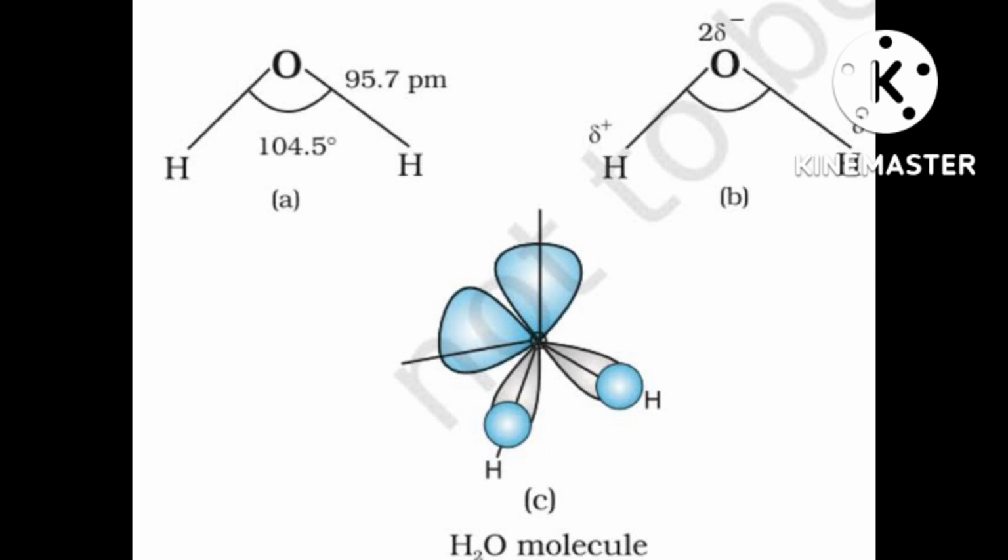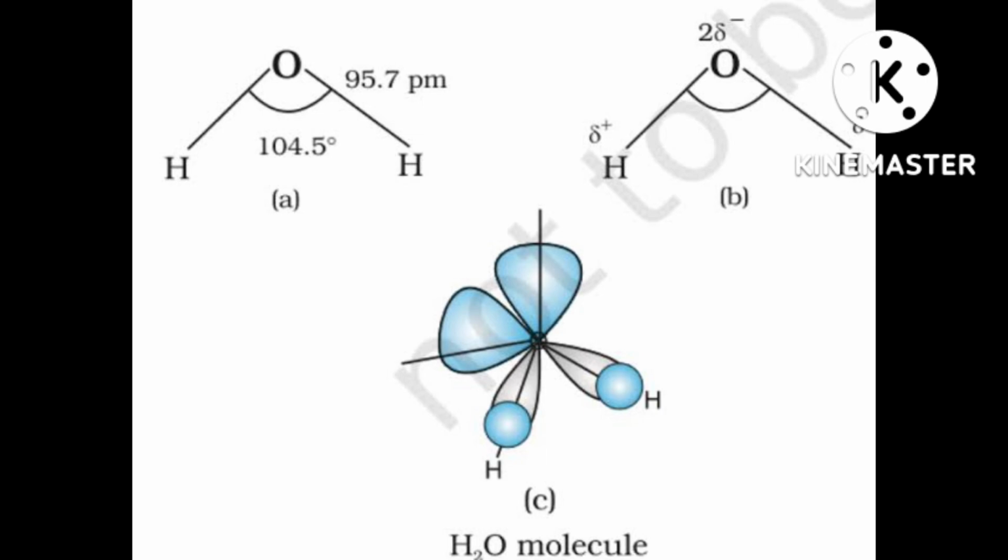There is 25% S character and 75% P character in each sp3 hybrid orbital, because the total is 100%. 4 orbitals are there, so equally shared, 25, 25, 25. Only one S is there and 3 P are there.